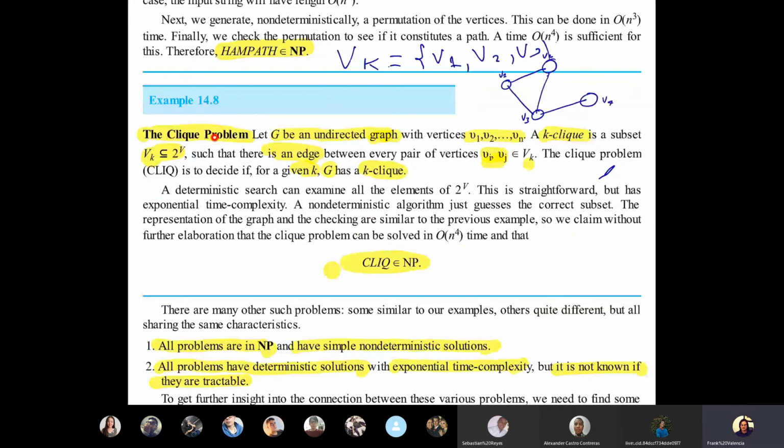The clique problem. So you are given an undirected graph with vertices v1, v2 to vm. A k clique, or a clique of size k, is a subset of vertices such that there is an edge between every pair of vertices in that subset.